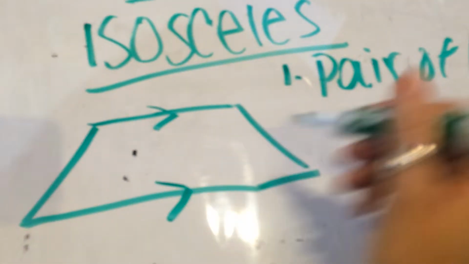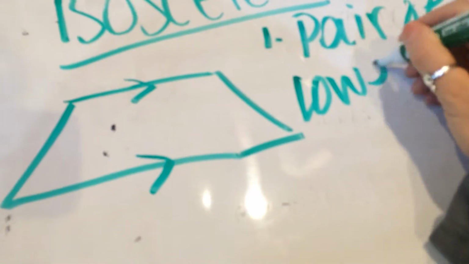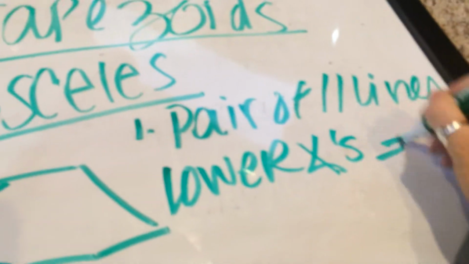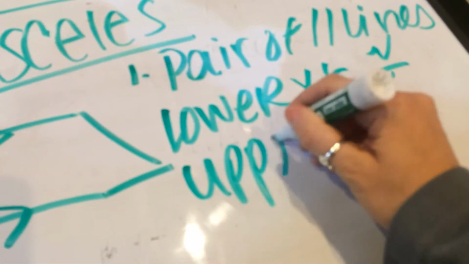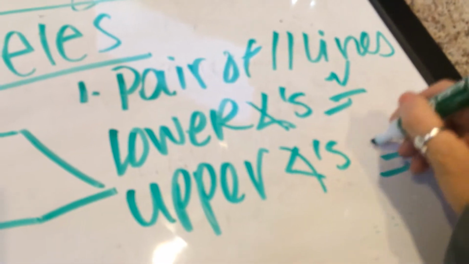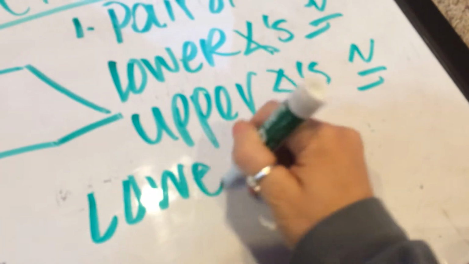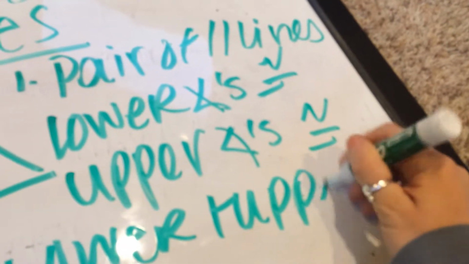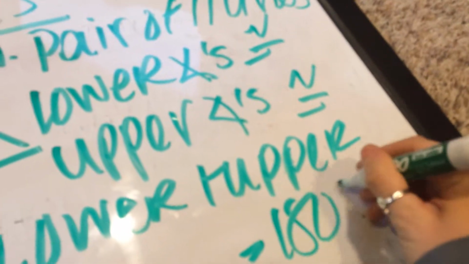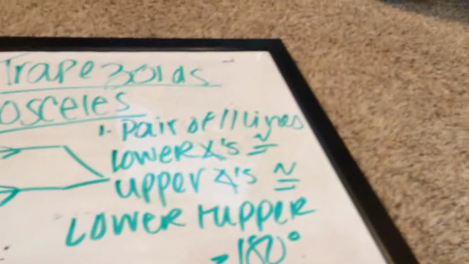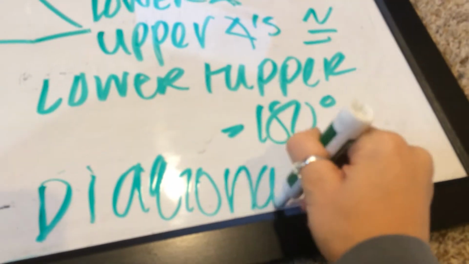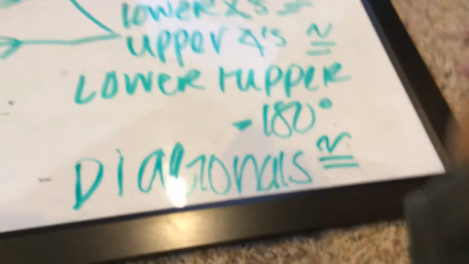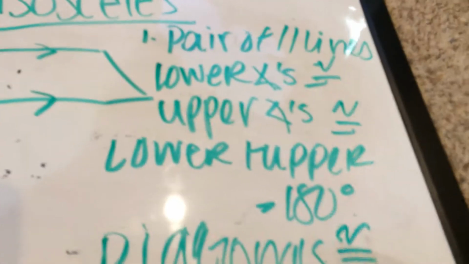Here are these guys. Lower angles, congruent. Upper angles, congruent. A lower plus an upper is equal to 180 degrees. That's all we need to know. The diagonals are also congruent.